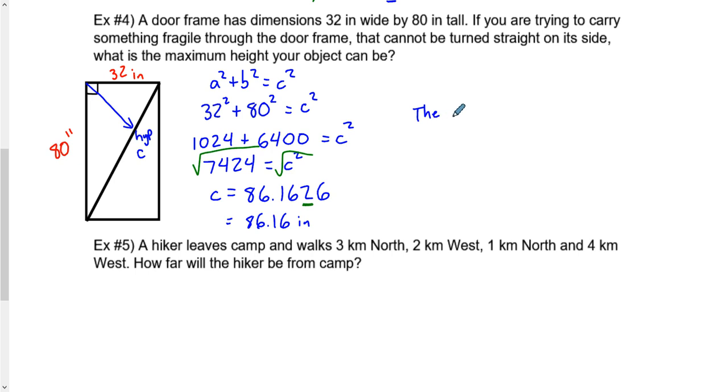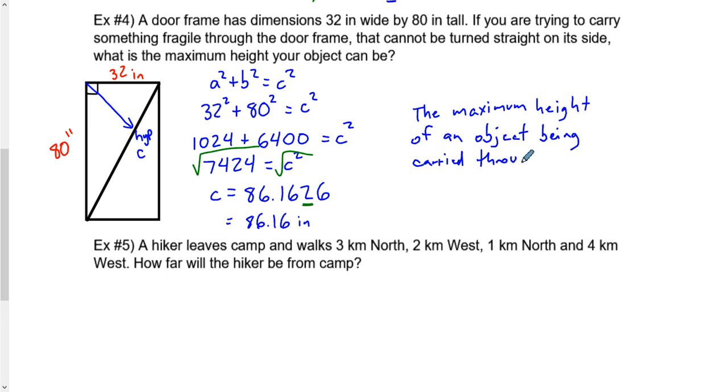So if we write it as a statement, the maximum height of an object being carried through the doorway is 86.16 inches.